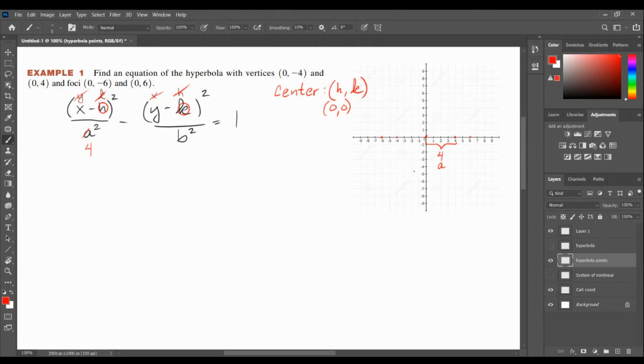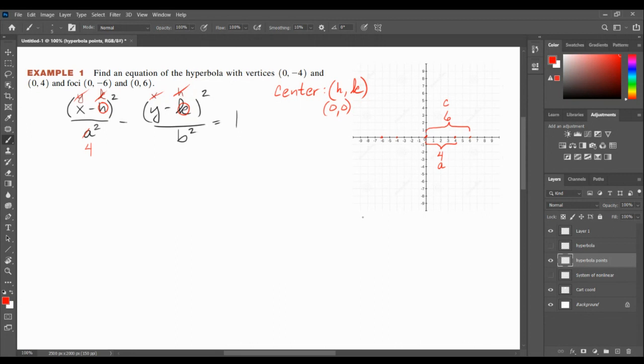And that's fine. But the reason I say that is fine is the next bullet point on our conic summary sheet says that c is the distance from the center to each focus. So from the center here over to the focus, that is our c value.